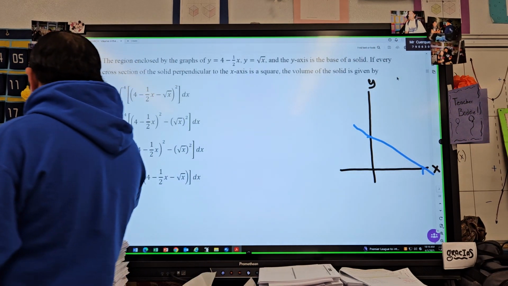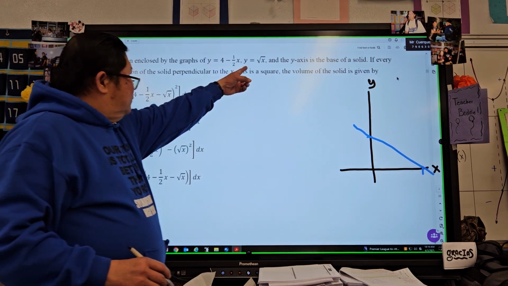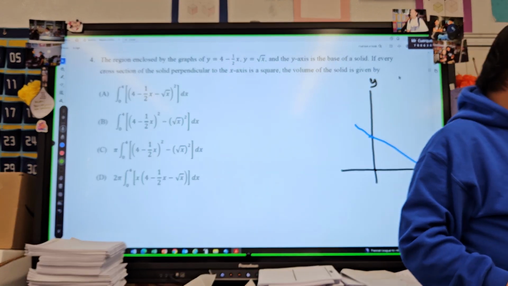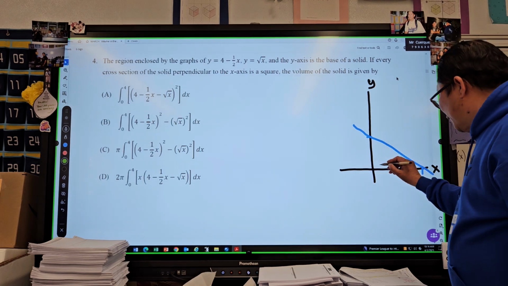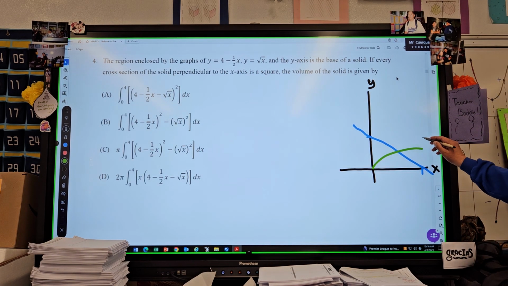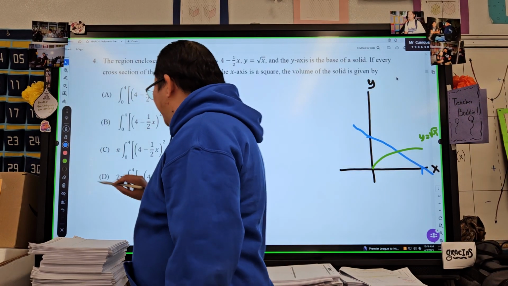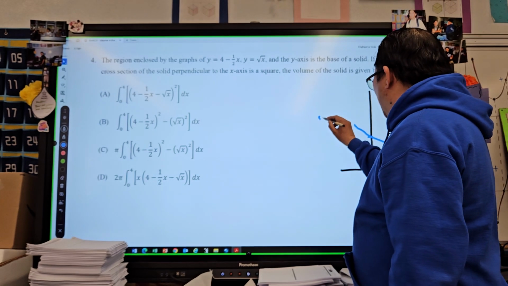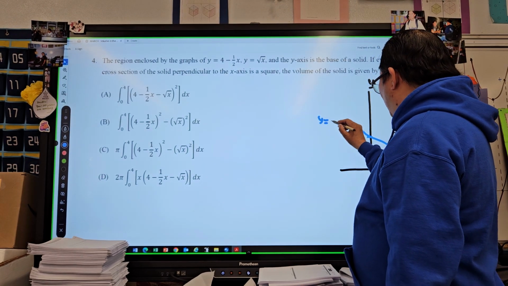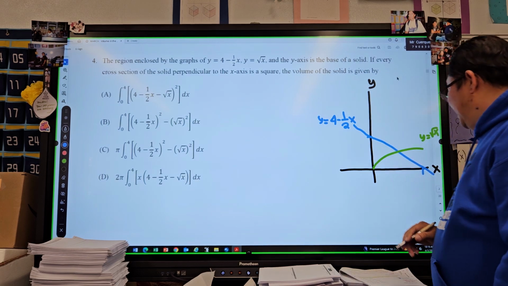Next, I'll do green color for the square root. Okay, so the square root is this one. So this is now y equals square root of x. And the blue color is y equals 4 minus 1/2 x.